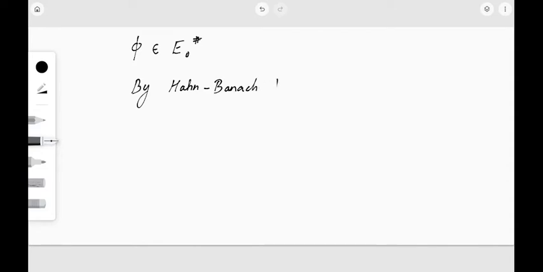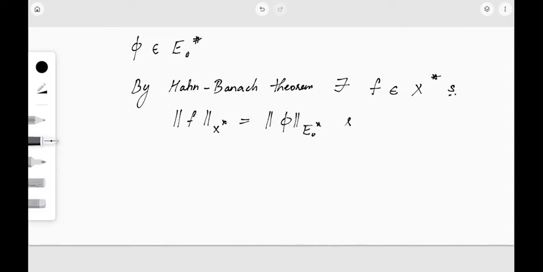So there exists an f an element of X star such that the norm of f corresponding to X star is equal to the norm of phi corresponding to E₀ star, and f restricted to E₀ will be equal to phi. From this we get that the norm of f corresponding to X star is 1, because we had seen just now that norm phi is 1.